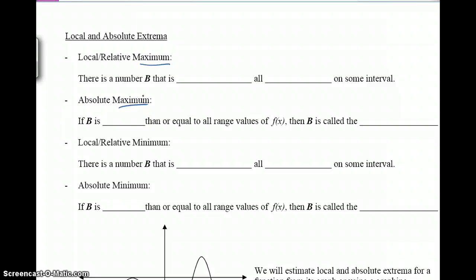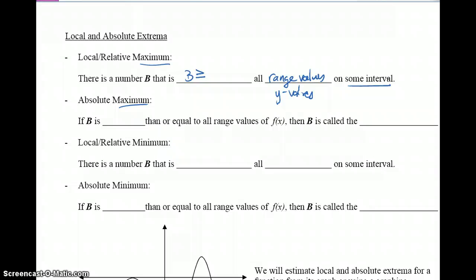So a local or relative maximum is a number b that is greater than or equal to all the range values or the y values on some interval. It's sort of a closing area, not the entire range, but just some of them.